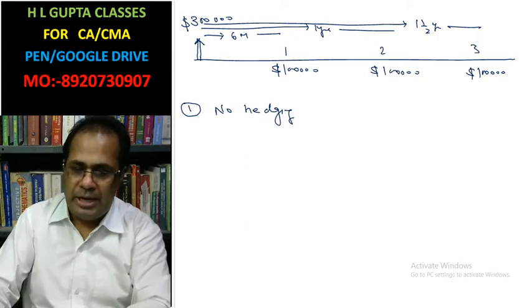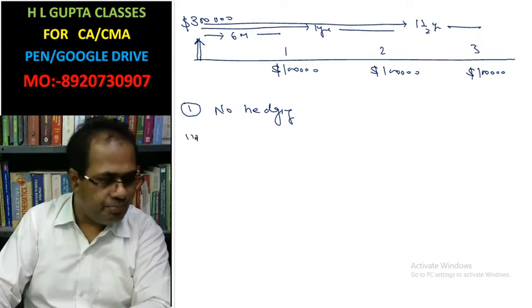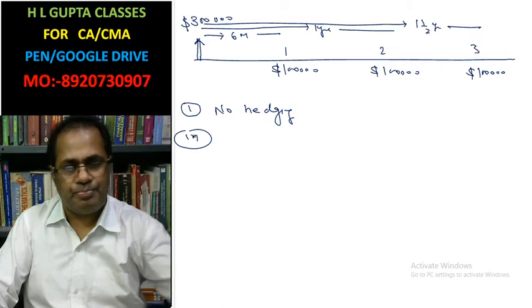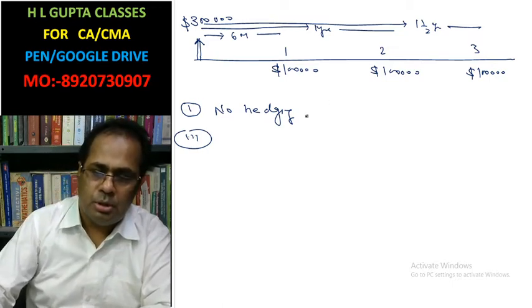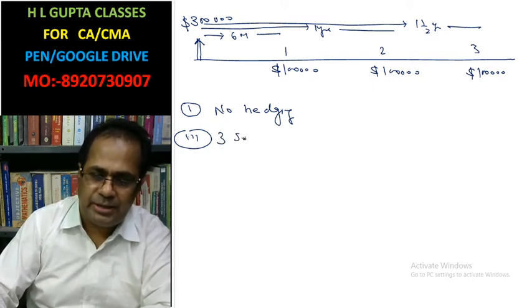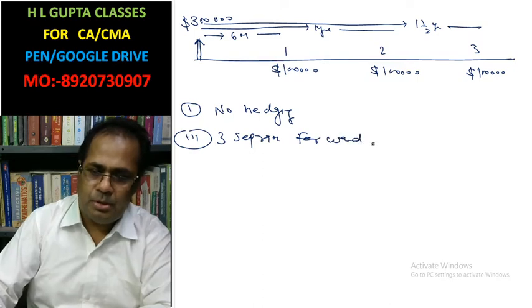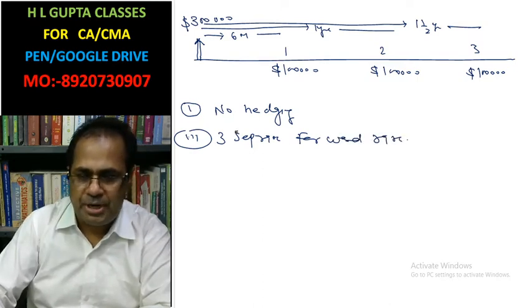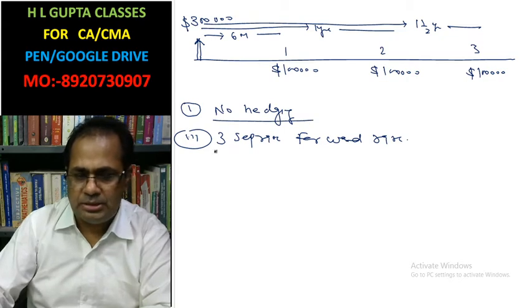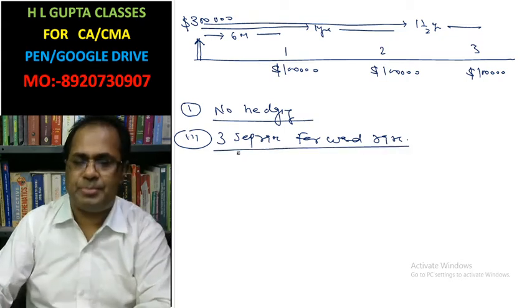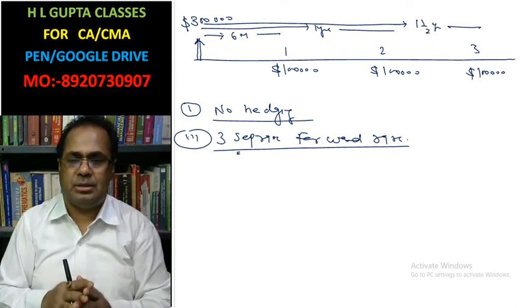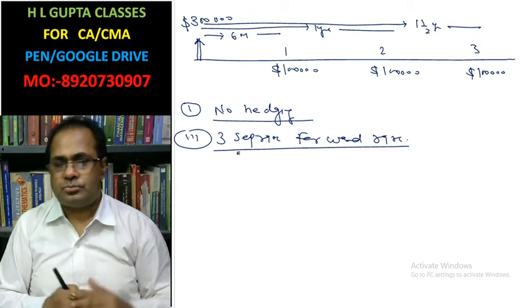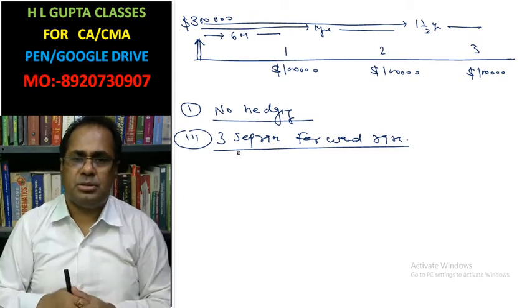And in the third case, you are going to do 3 separate forward contracts. This is 3 separate forward contracts. 3 separate forward contracts means today you enter into a contract to purchase $1 lakh after 6 months.